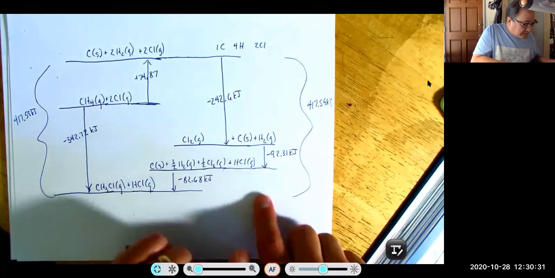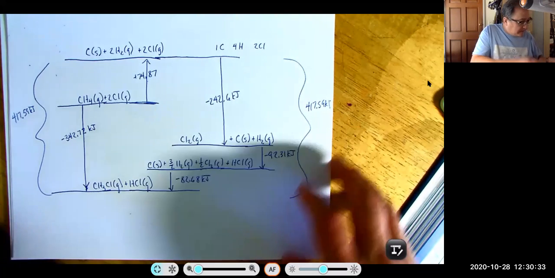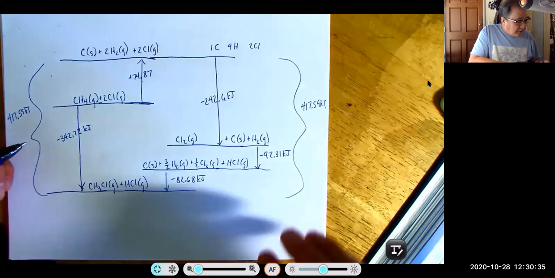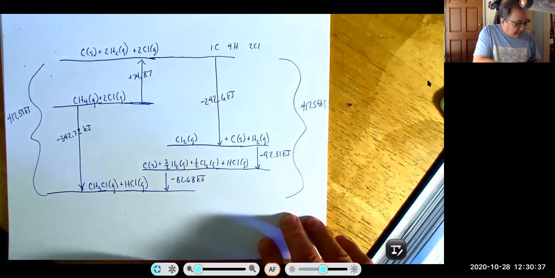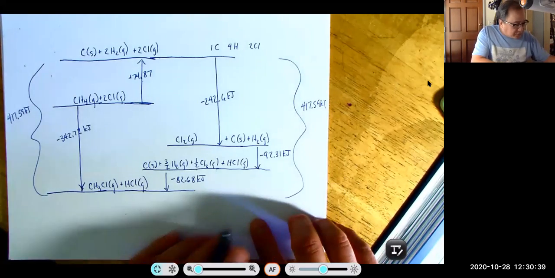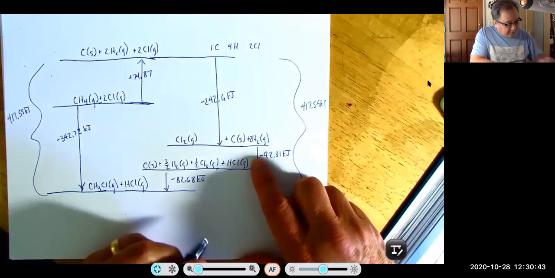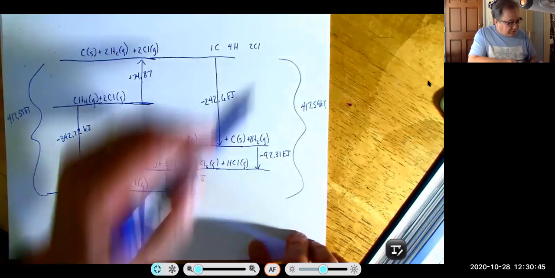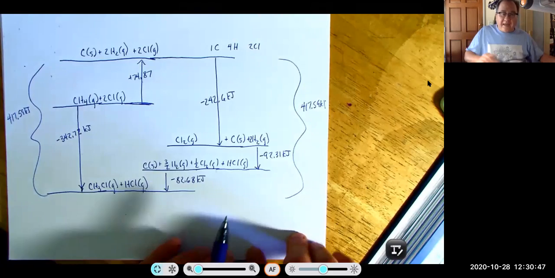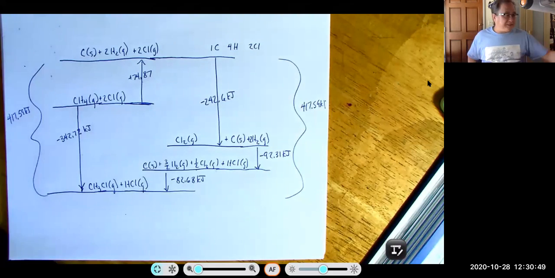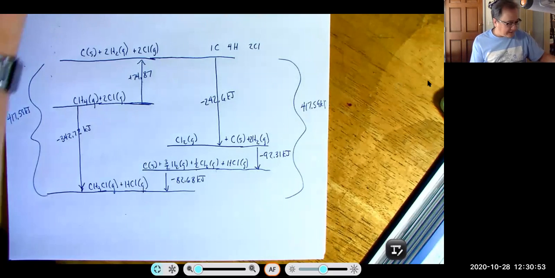I'm missing 1. So I need to fix that. I should have 4 hydrogens. I've only got 2. And that's because when I wrote this down here, I forgot the 2. So I've got 4 hydrogens and I've got 2 chlorines. Every line is balanced. We have not lost any elements or atoms or anything like that.